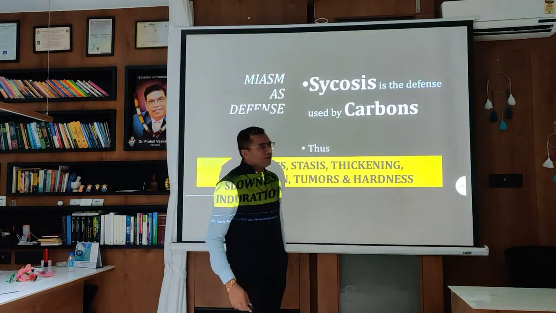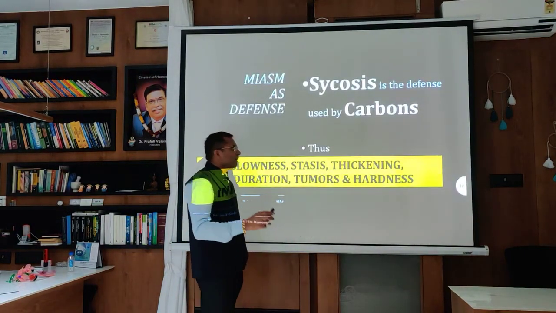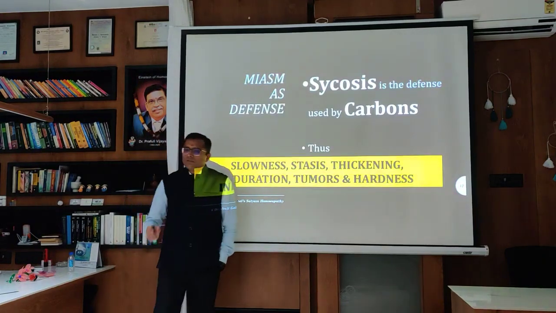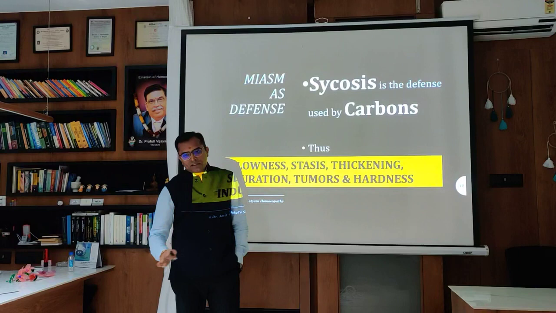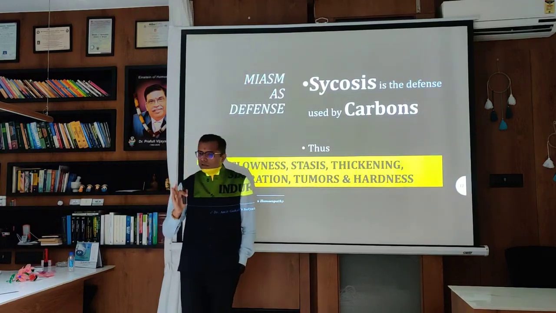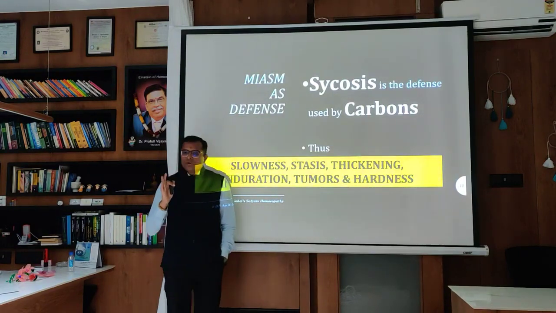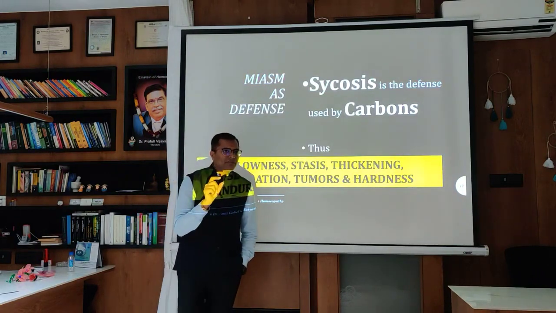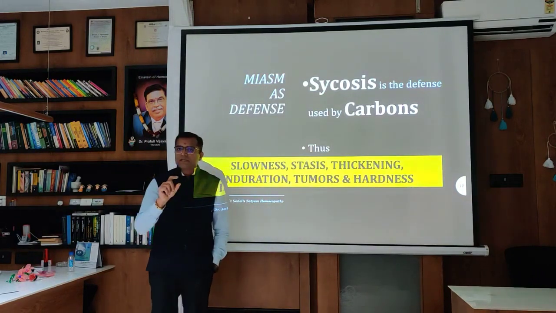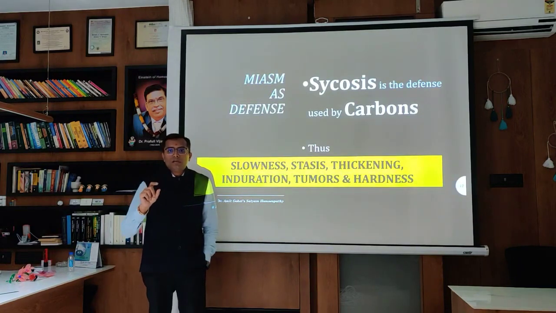So miasm psychosis is a defense used by the carbon. Thus we have to understand Carbon by these few words: slowness, stasis, thickening, induration, tumor and hardness. So this is what we have to understand, a miasmatic perspective of the inner cellular defense mechanism. Are you getting me?